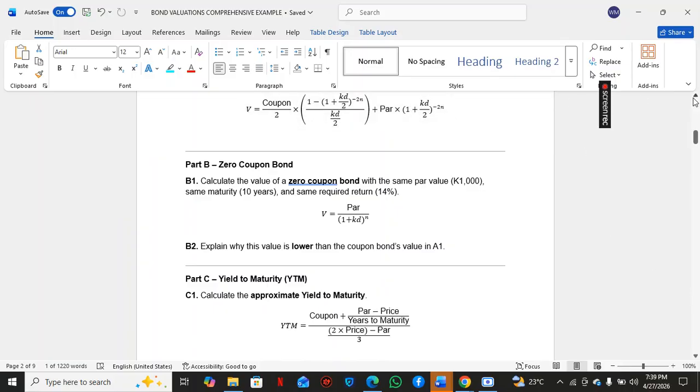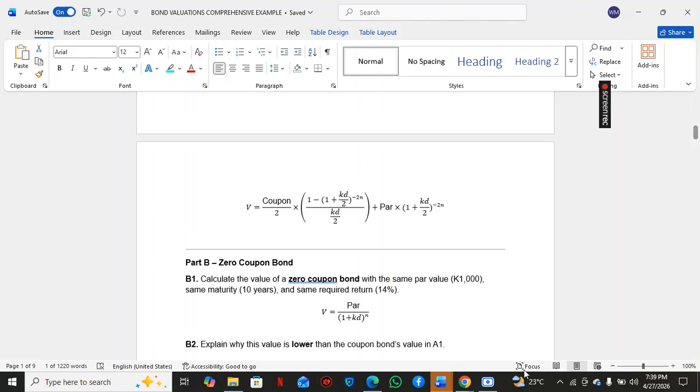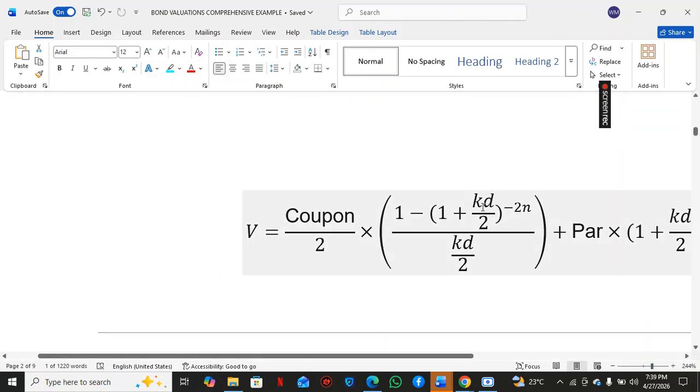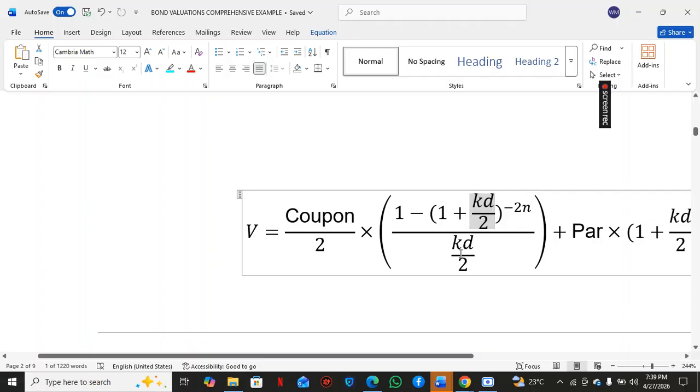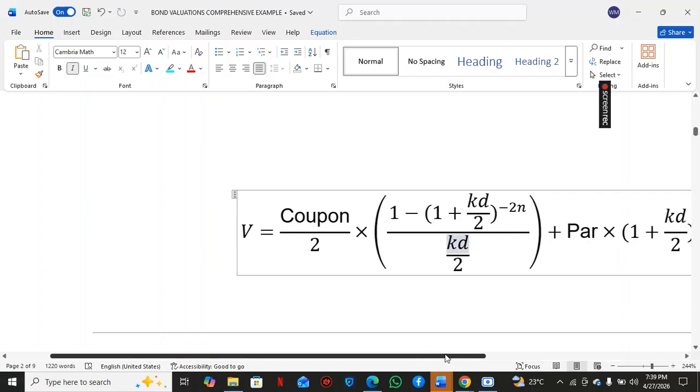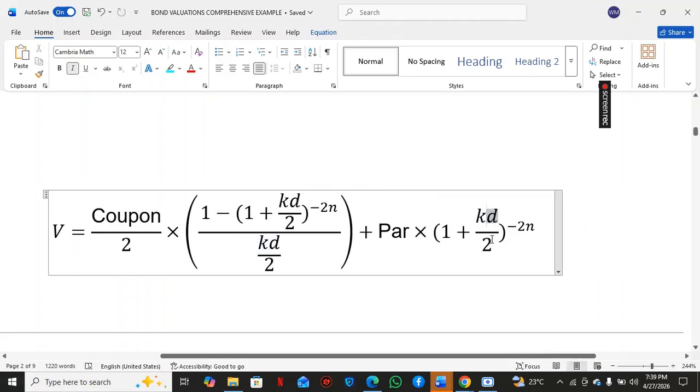Then the other adjustment is your discount rate. You need to divide it by two. Have you seen our cost of debt here? Divide by two, divide by two, even here, divide by two. So our discount rate needs to be divided by two. Then the time period has to be multiplied by two.